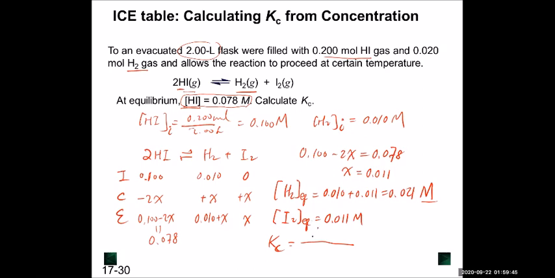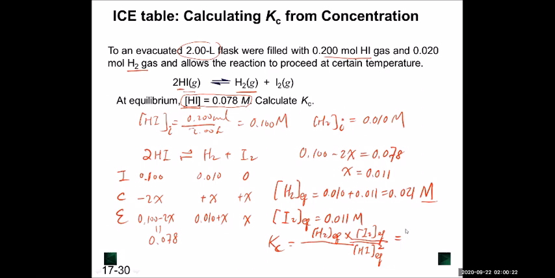So you write the H2 equilibrium concentration times the I2 equilibrium concentration, divided by HI. The HI coefficient is 2, so it should be squared: the square of the equilibrium concentration for HI. And finally, you can solve the numerical part for the equilibrium constant.